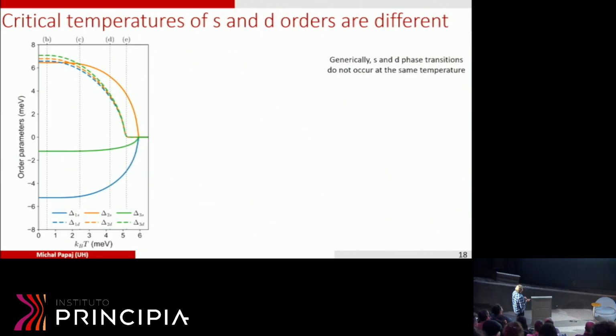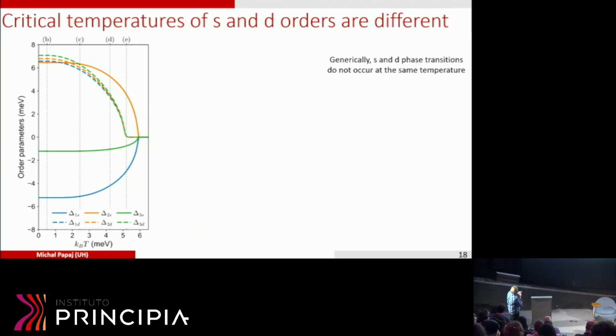Okay, now one more aspect is the temperature dependence of this phase. If we have S and D order parameters, they do not necessarily have to appear at the same temperature. We can see this in this mean field solution.